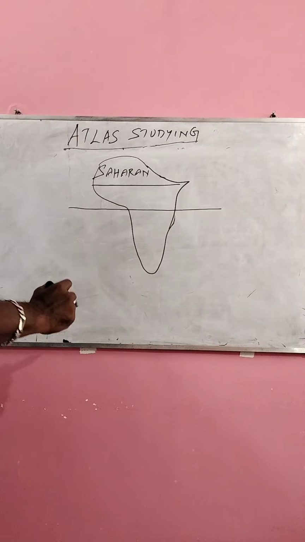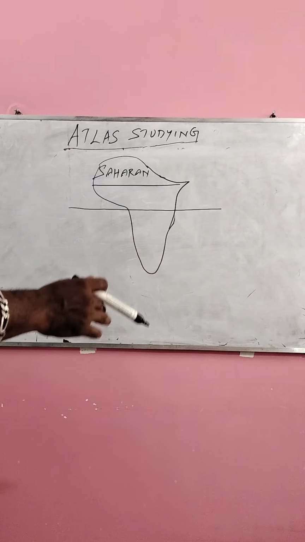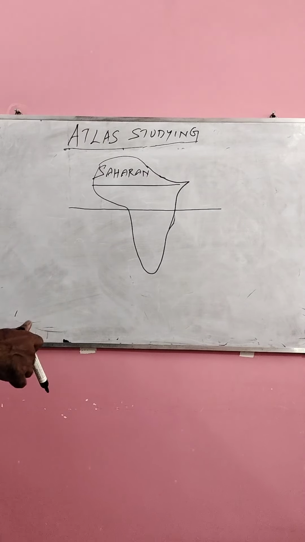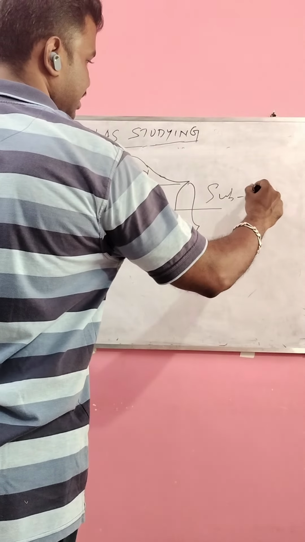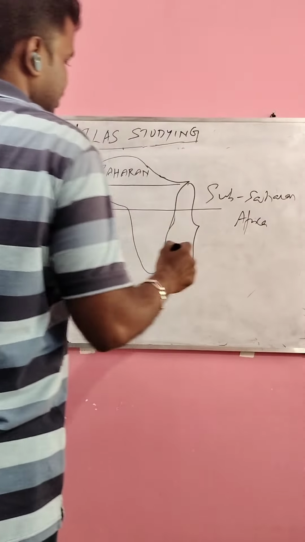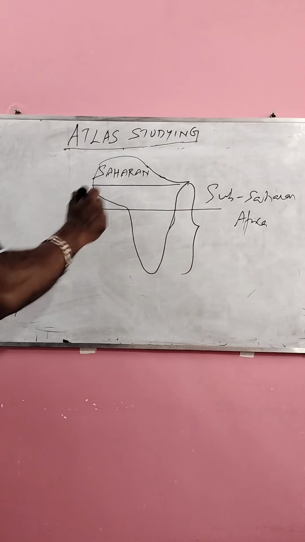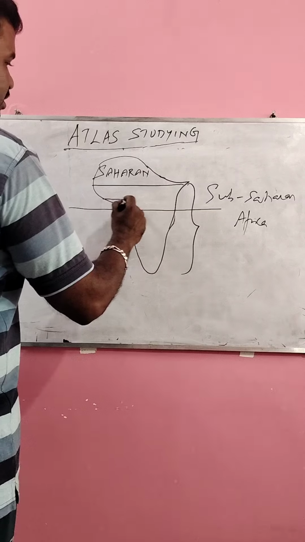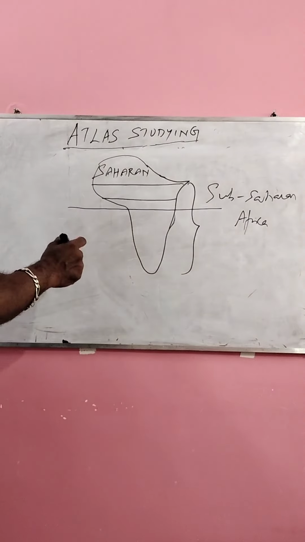Sahara Desert is present, economically richer, much better compared to the rest of Africa. They are rich in oil and gas resources. Saharan Africa. The region to the south of Sahara is called Sub-Saharan Africa. Just below, that is just south of the Sahara, you see the most backward region in the entire world.